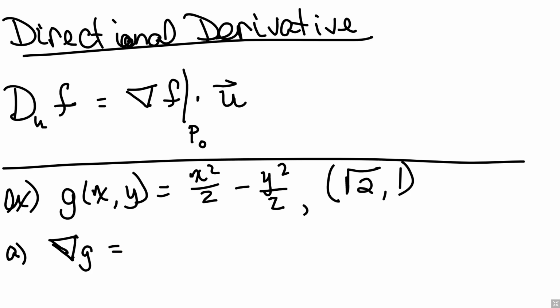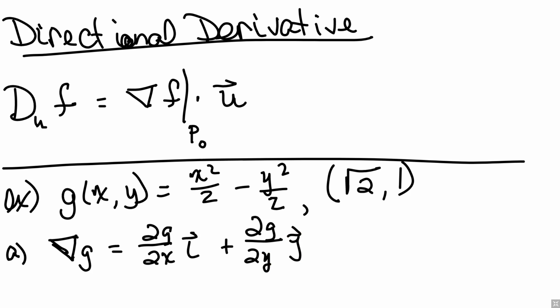So the way we're going to do this, it's going to be the partial of g with respect to x in the i direction plus the partial of g with respect to y in the j direction. If we do the partial of g with respect to x, we end up with x in the i direction.